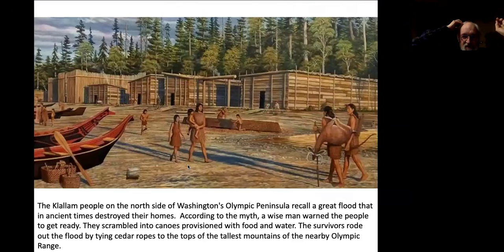This is a depiction of one of the pre-Columbian native peoples, this one on the Olympic Peninsula, where their story involved a wise man who warned the people to get ready for this inundation.